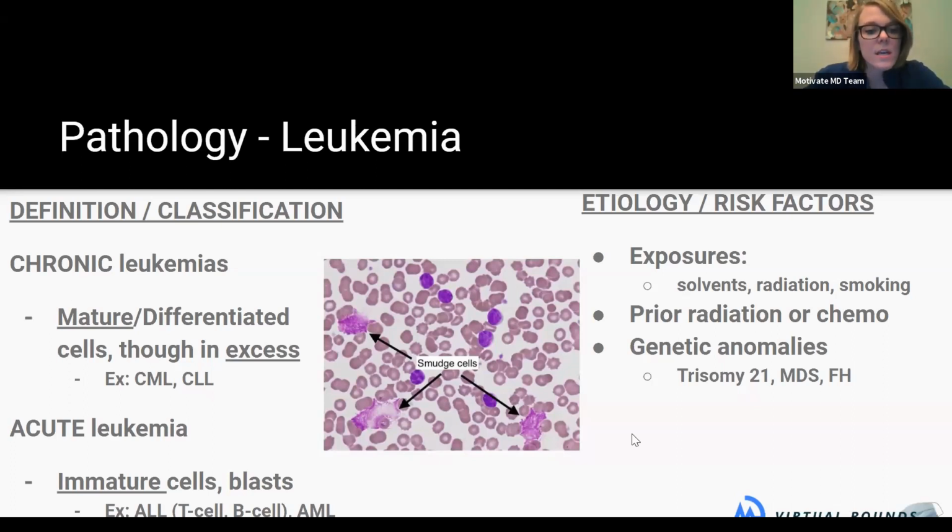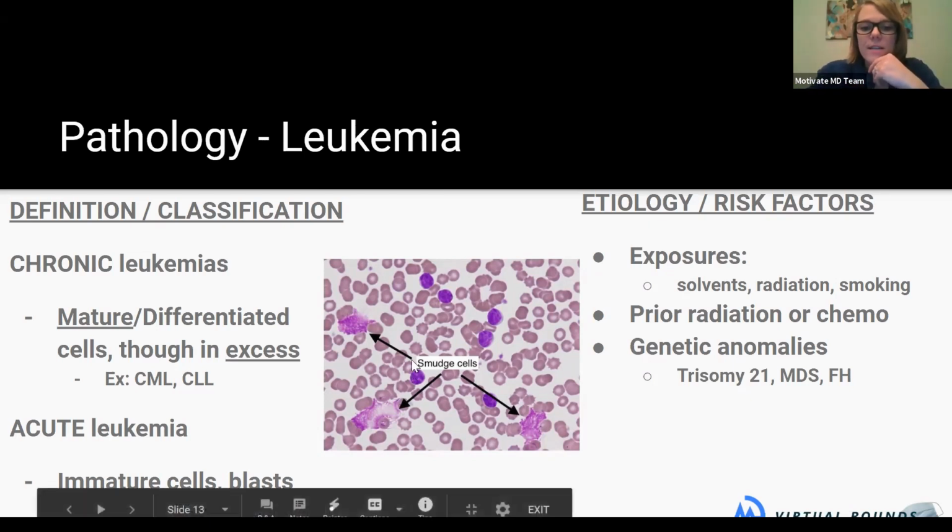In this picture of a peripheral blood smear, we made that smear, stained it, and now we're looking at it under the microscope. What we see here is a lot of lymphocytes. These are mature lymphocytes, and in CLL, they kind of look like soccer balls to me.